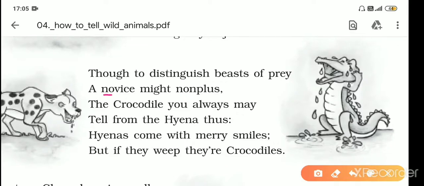Use of TH sound, the, thus. And then enjambment, continuation of a sentence to the next line. Then let's move to the next paragraph, the last paragraph.